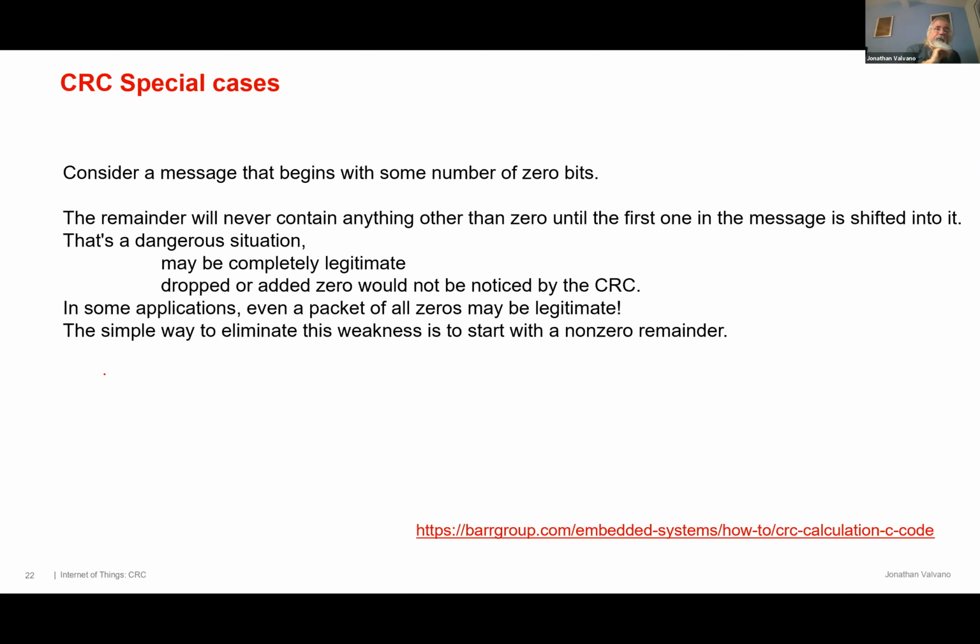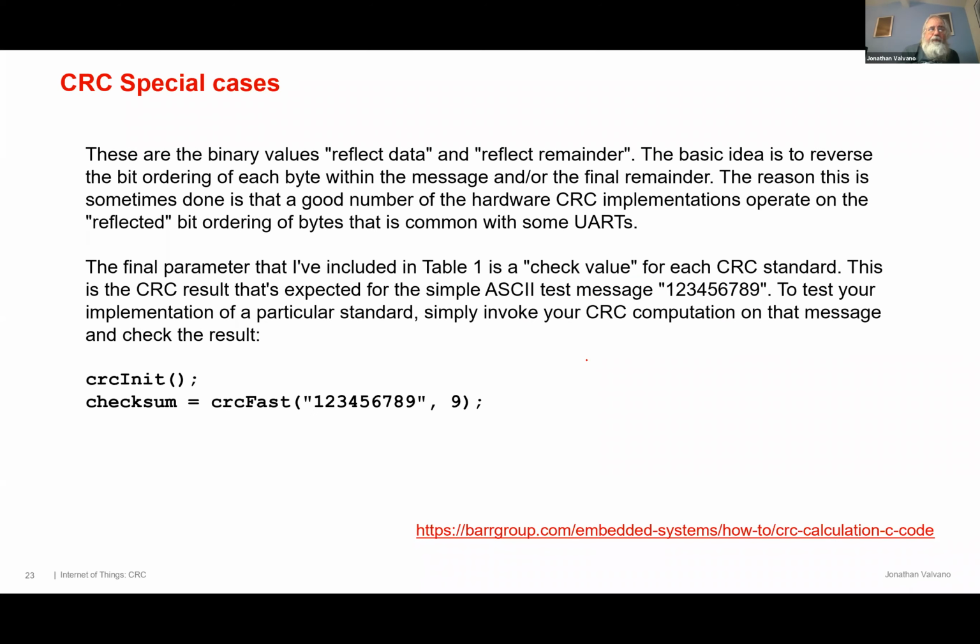That could be an actual correct answer, or it could just be a dropped channel. And it turns out if you preload the remainder with something other than 0, you can differentiate lost data from real data with zeros in it.